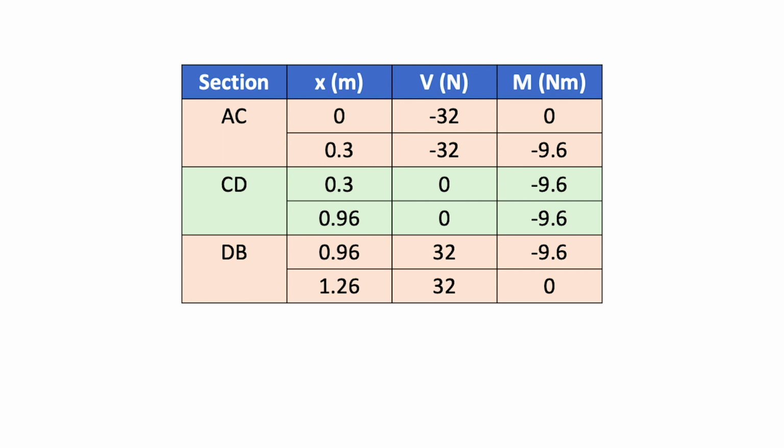Then, after obtaining all the values, we put them into a table, where the first column is section, the second column is the length of section starting from the left end of the beam and increasing along the beam to the right end. The third column is the internal shear force value, and the last column is the internal bending moment value.